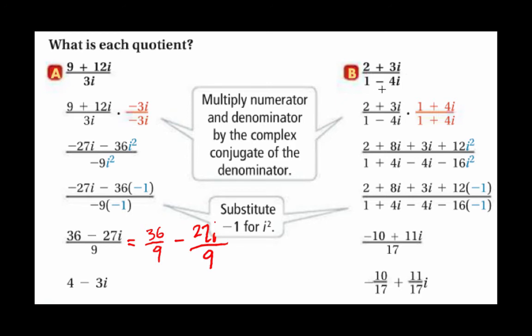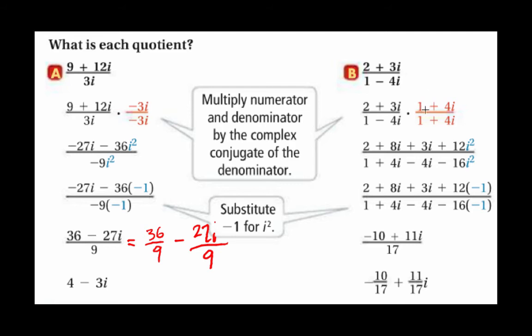In part B, we want to eliminate the imaginary unit from the denominator of our fraction, so we're going to multiply the numerator and the denominator by the complex conjugate of 1 minus 4i. The complex conjugate of 1 minus 4i is 1 plus 4i. So here we're multiplying the numerator and the denominator by 1 plus 4i.